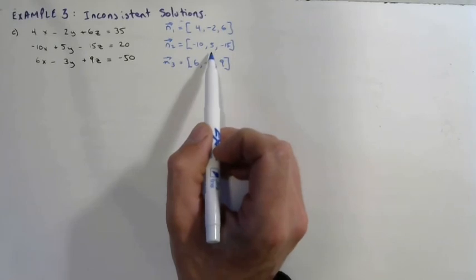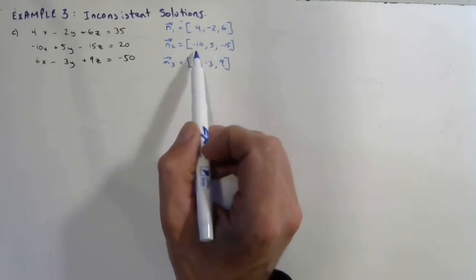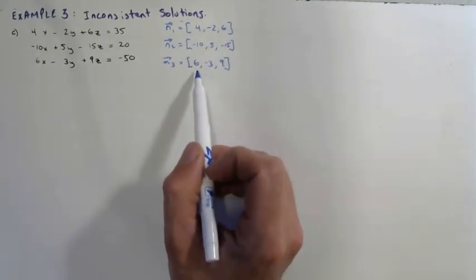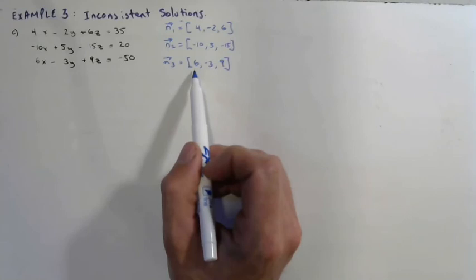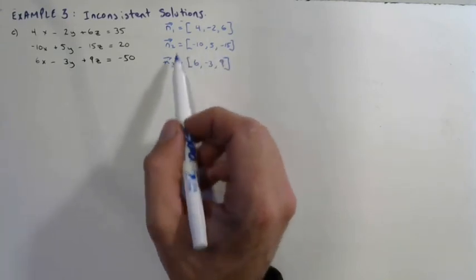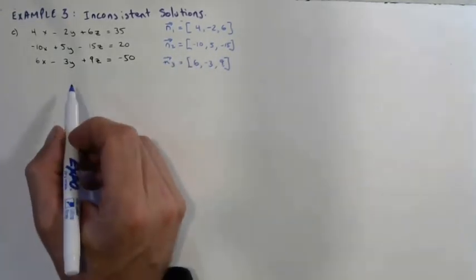And I see that here as well. X is -2 times y and z is -3 times y. And same thing here. So I actually do have a connection here. These normals are all parallel.